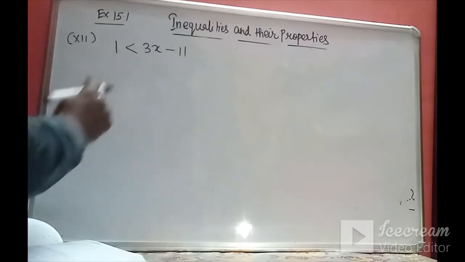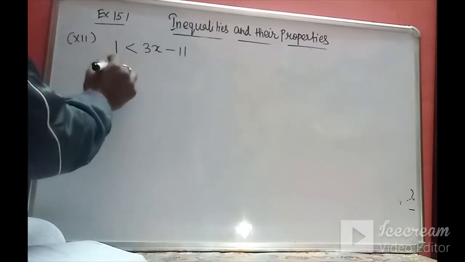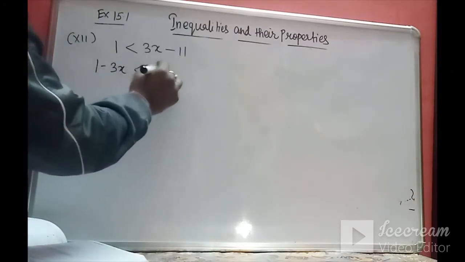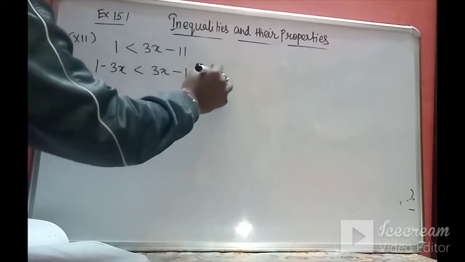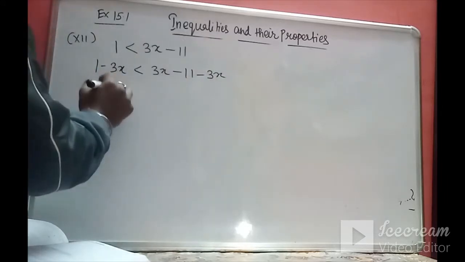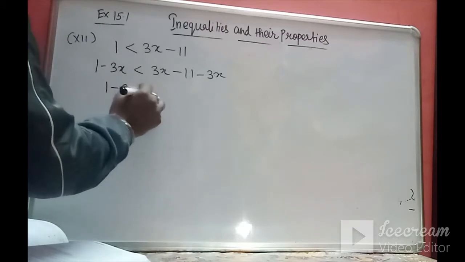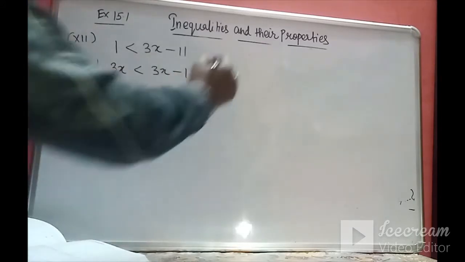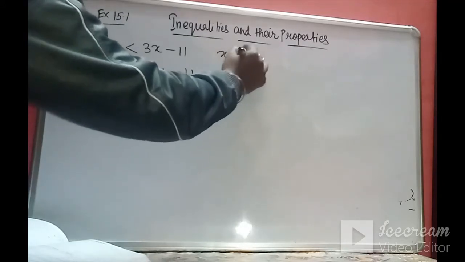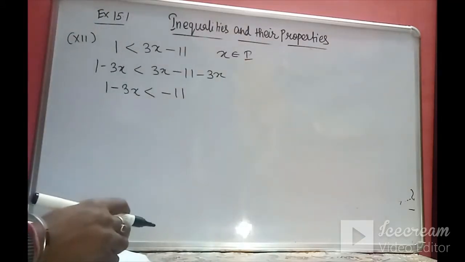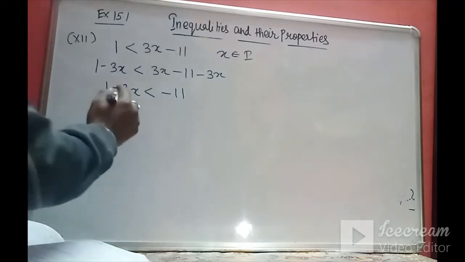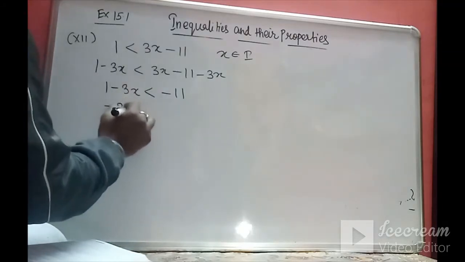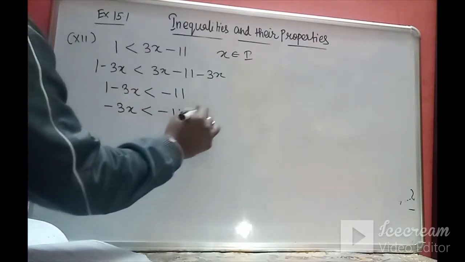What I am going to do is subtract 3x from both sides. So it will give me 1 minus 3x less than minus 11, and here x belongs to all integers. Then this 1 will go to the other side. It becomes minus 3x less than minus 11 minus 1.